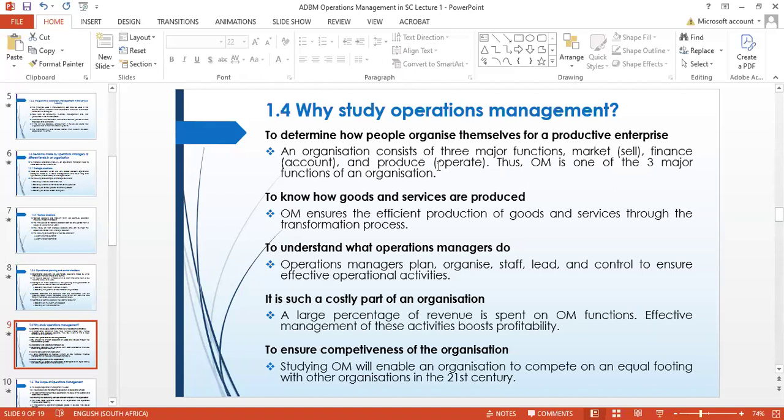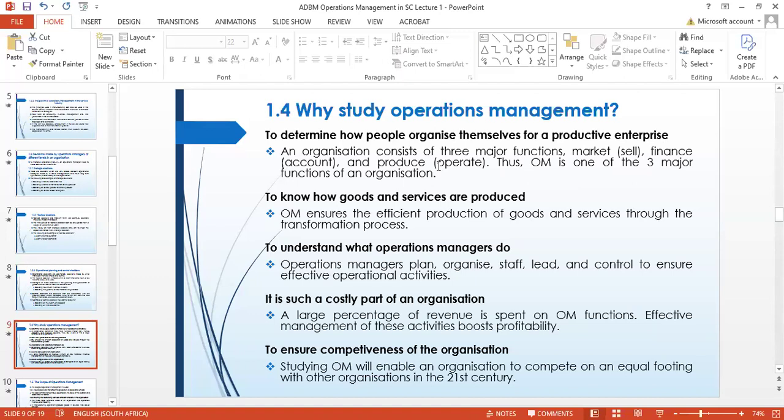And the last reason why we study operations management is to ensure the competitiveness of the organization. There is intense competition nowadays across the globe. So studying operations management will enable the organization to compete with other organizations around the globe and not be left behind.